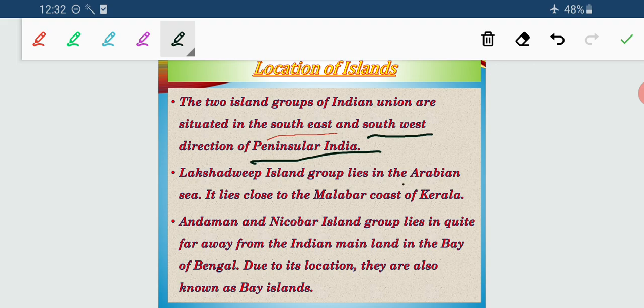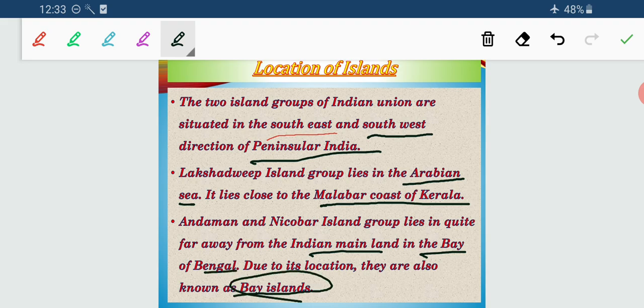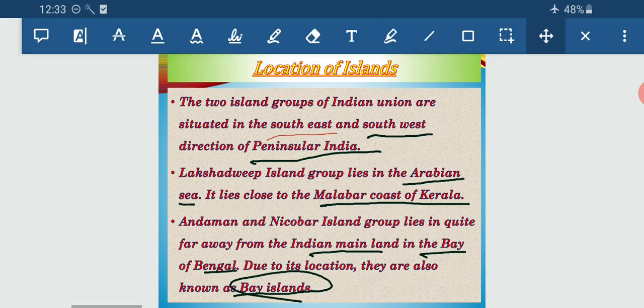Lakshadweep lies in the Arabian Sea and is close to the Malabar coast of Kerala. The Andaman Nicobar Island Group sits far away from the Indian mainland in the Bay of Bengal, and due to its location they are also known as Bay Islands. So this is related to the location.